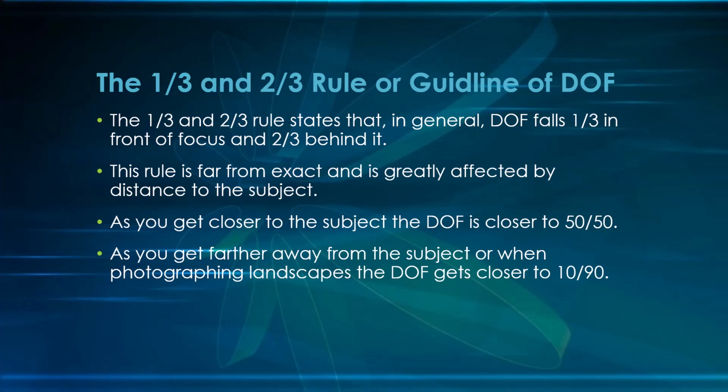The focus behind the focus point is a little bigger than the one in front of it. When the subject starts to get farther and farther away, or when photographing landscapes, the depth of field gets closer to like 10% in front, and 90% of the depth of field is in back of where you are focused.